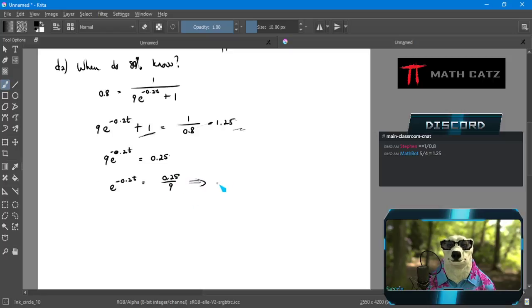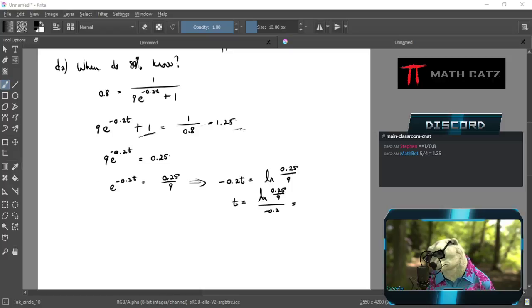I'm just going to put it over here. Negative 0.2t is the natural log, oops, that looks like a u, that's an ln, of 0.25 over 9. So t is natural log of 0.25 over 9, over negative 0.2. Let's see what we get here. 80% is pretty high. So how long does it take for a lot of people to know the rumor?